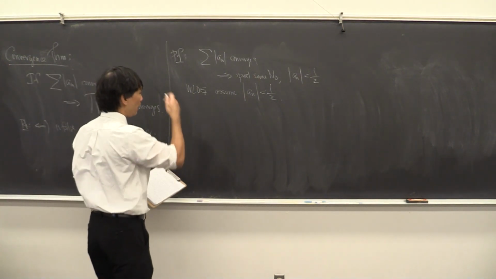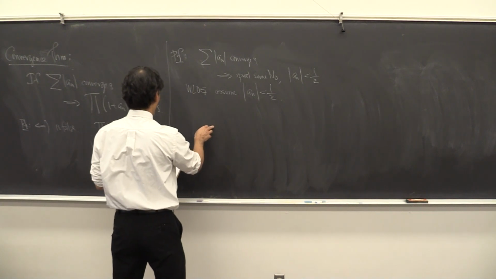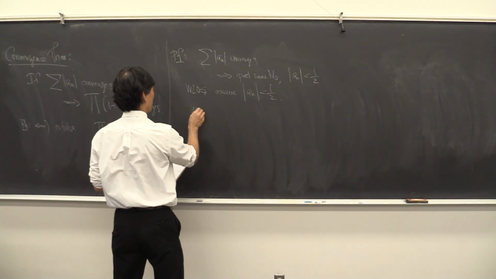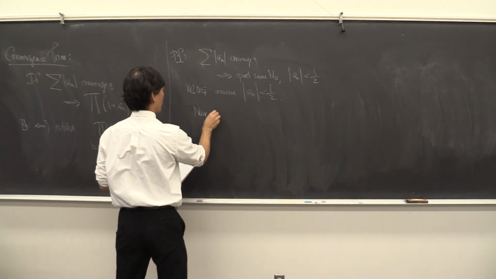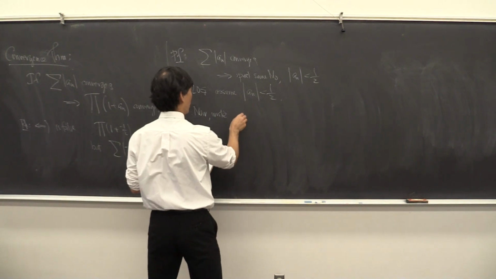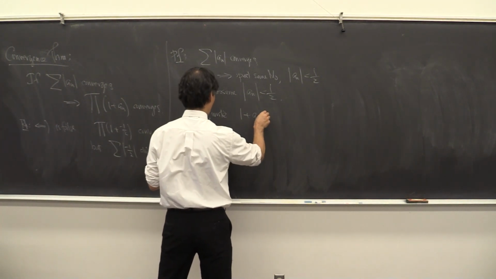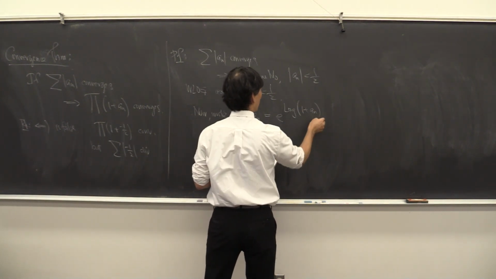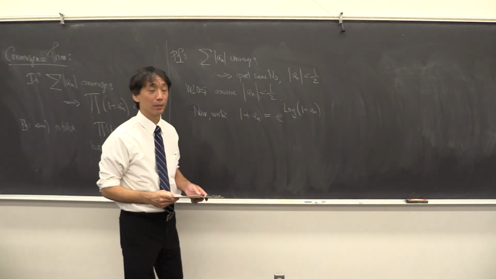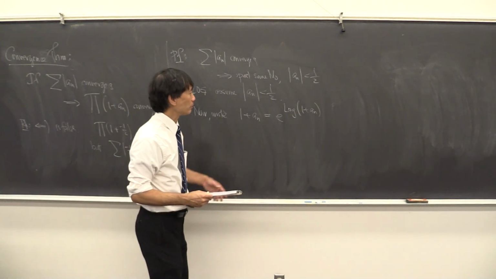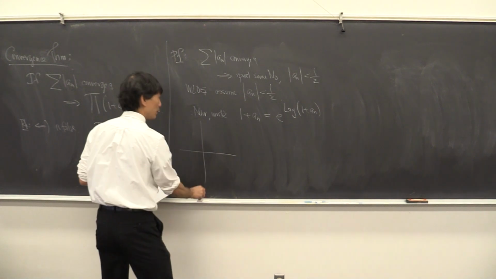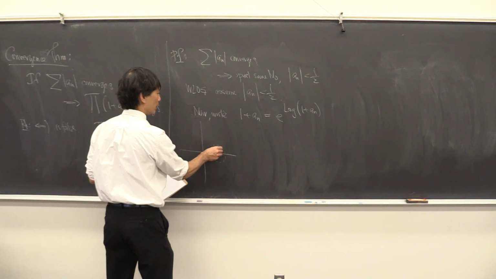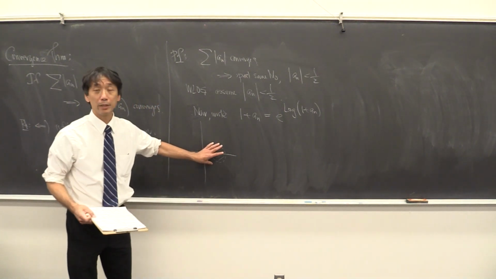Okay. So now we write 1 plus a sub n as e to the log 1 plus a n, where this is the principal branch of the log. Okay, that's okay, right? Because they're 1 plus something that's smaller than 1/2, so all of these terms lie here.